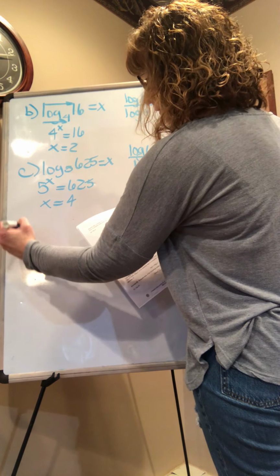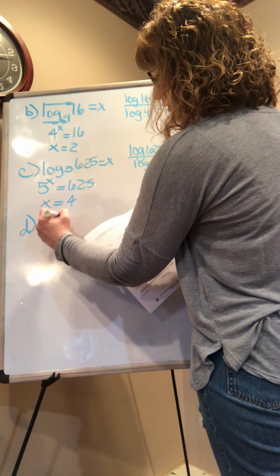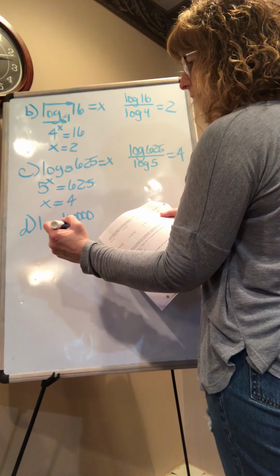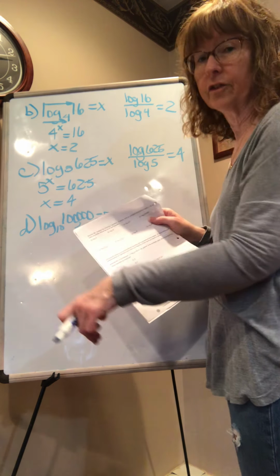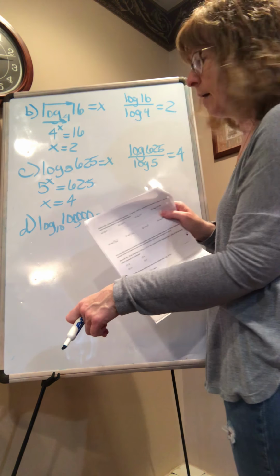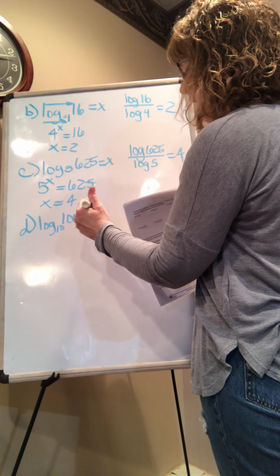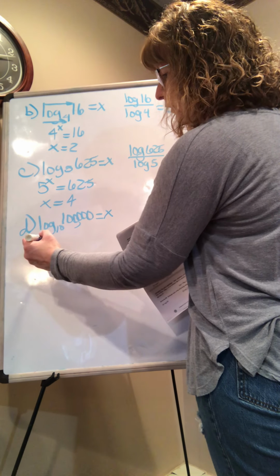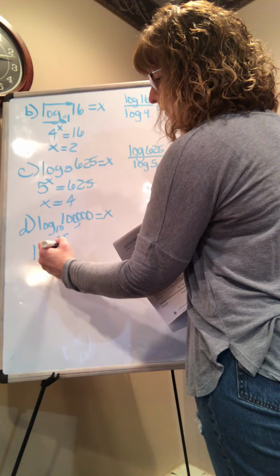D, we have the log base 10 of 100,000. Now guys, I want you to know, this is the same as the log on the first column of your calculator. This is a common log. The 10 can be invisible. So I could have said log base 10 of 100,000, or I could have said just the log of 100,000.